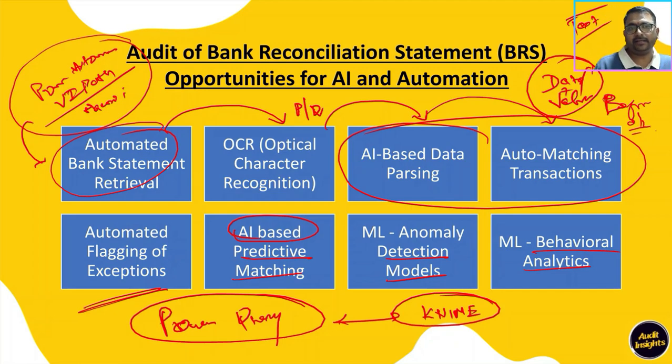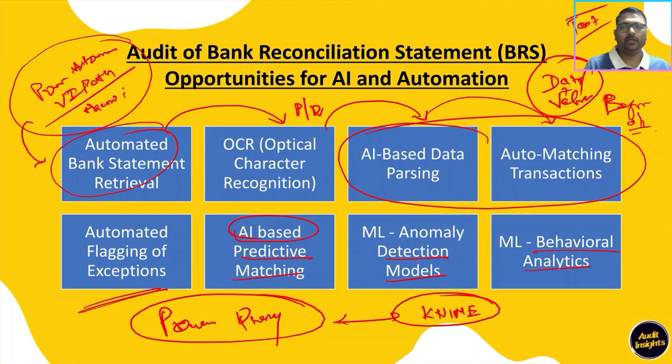When you are looking at a BRS, don't look at just the matching of these two. You also look at how the bank book, that is the ledger maintained by the company, is making sense or not. Is there any way in which this can be fudged to make it tally with the bank statement? So you need to have a broader view when we are looking at a BRS.